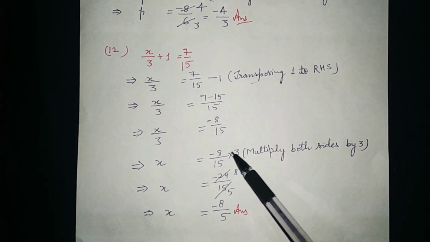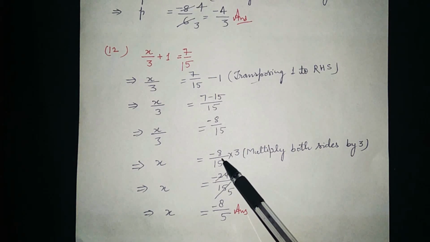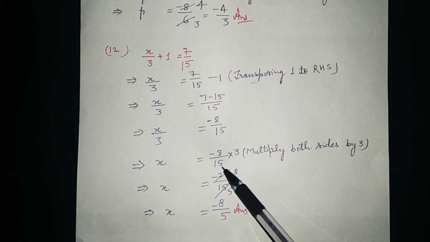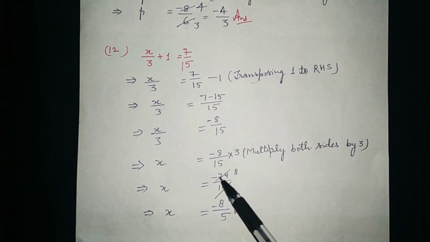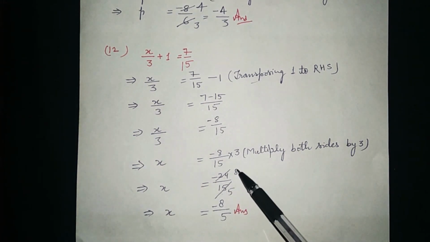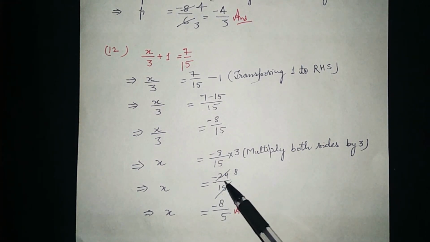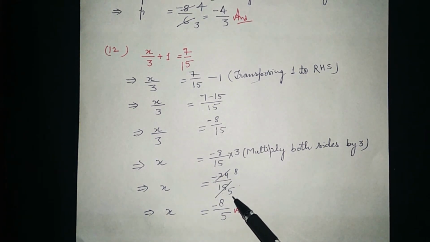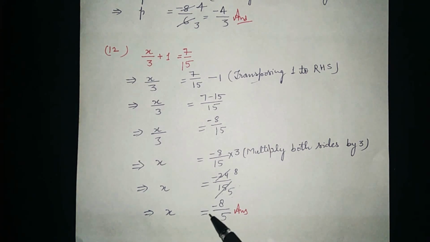Now minus 8 into 3, minus 24 divided by 15. And here equals minus 24 upon 15. Now we will reduce it. 3 8s are 24, 3 5s are 15. x equals minus 8 upon 5.